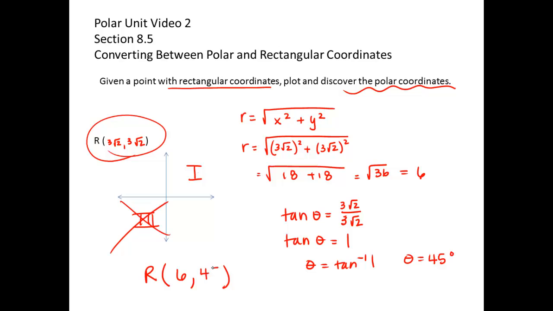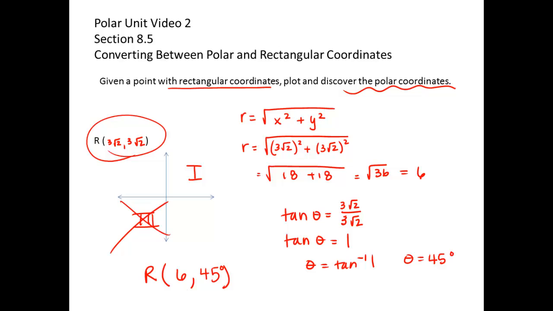So my answer is 6 comma 45 degrees. Putting the degree symbol there is extremely important, or otherwise I might consider this a rectangular coordinate at 6 comma 45. That's not what we're doing. We're doing 6 is the radius measure and 45 is the angle measure.